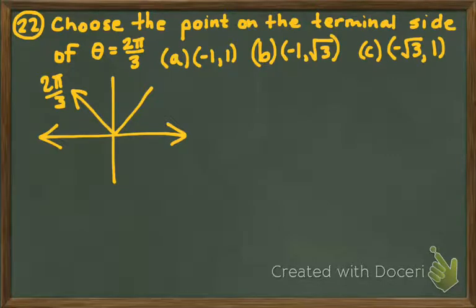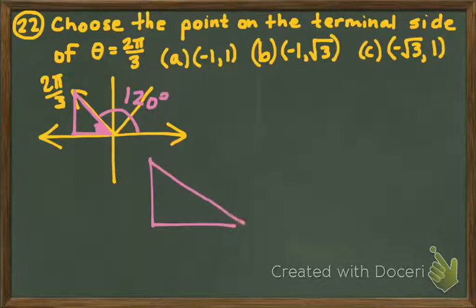So the triangle would have to be right here. And if this is 120 degrees, that would make this angle in here at the origin 60 degrees. So this would have to be a 30, 60, 90 triangle that we're dealing with.